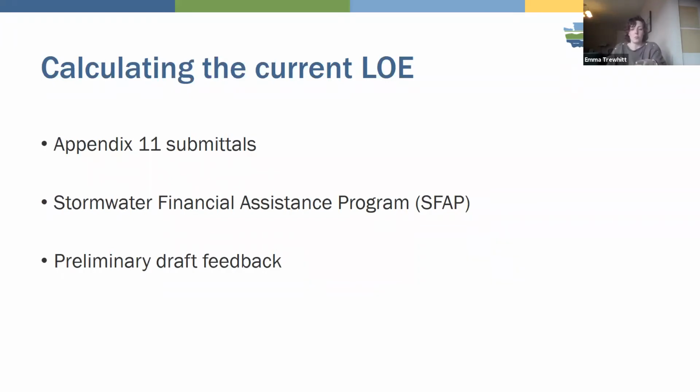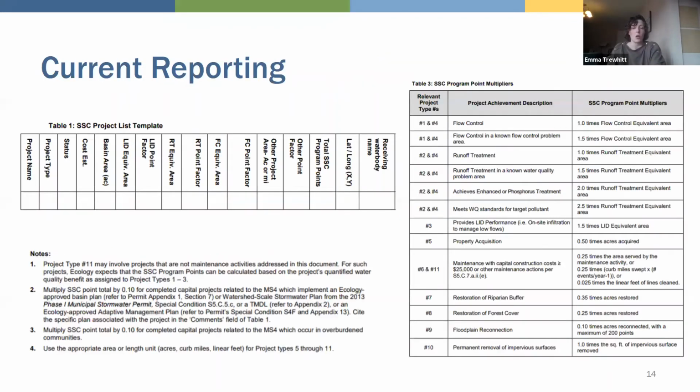So using the newly processed calculation method, this information led to the revision of the minimum level of effort to be modified to what is currently in the permits, which is a level of 300 points. So this is what we are currently using for reporting and calculating SSC points.